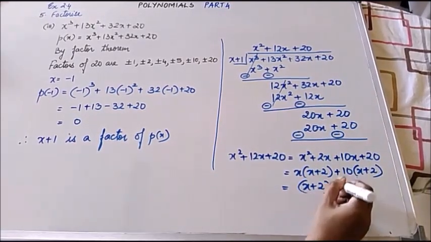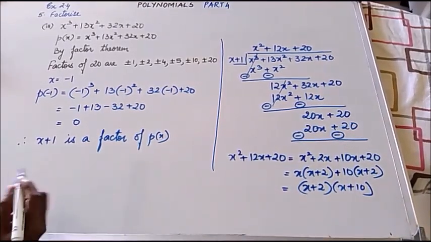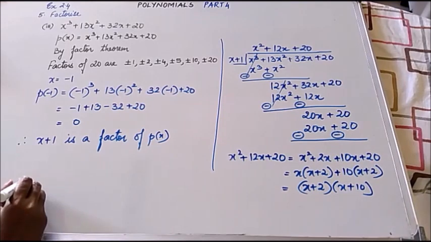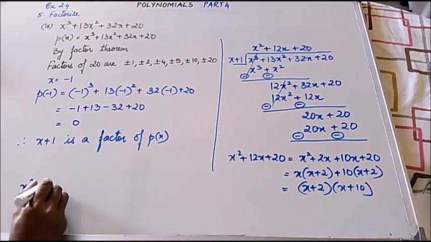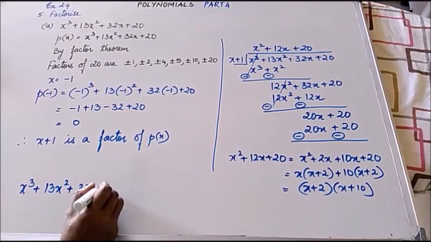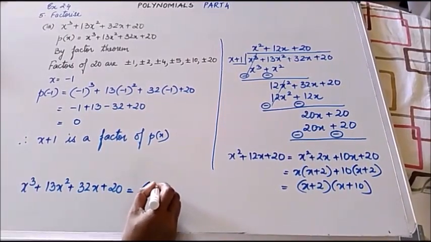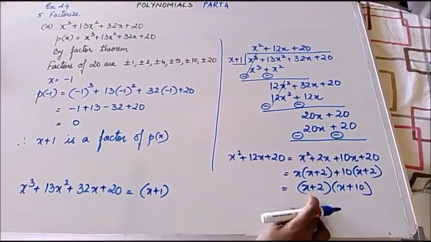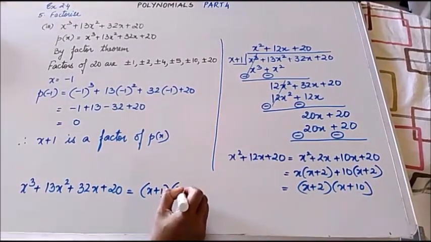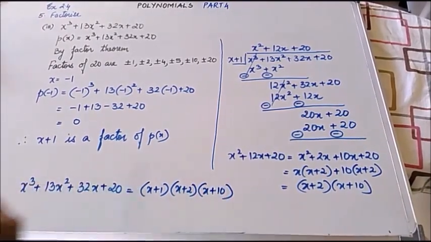Here you will get x plus 2 into x plus 10. Therefore, we get x cube plus 13x square plus 32x plus 20 equal to, one of the factors here is x plus 1 and the other two factors we got as x plus 2 and x plus 10.